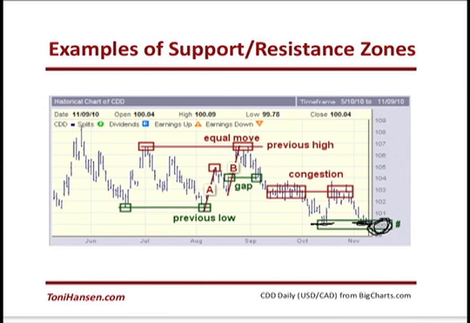So as I was saying, we're looking at equal move levels. And this is something that you don't really hear a lot about. But what it is, when you have a trend or directional move in a security, and you have a congestion or a correction, and then a continuation of that move.